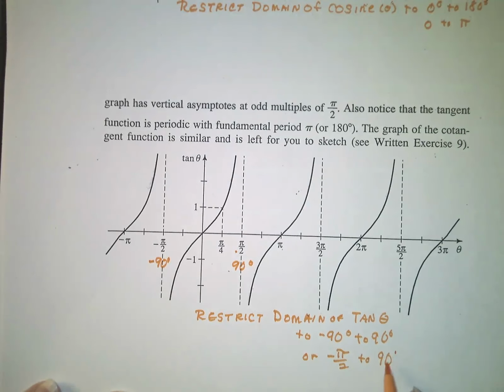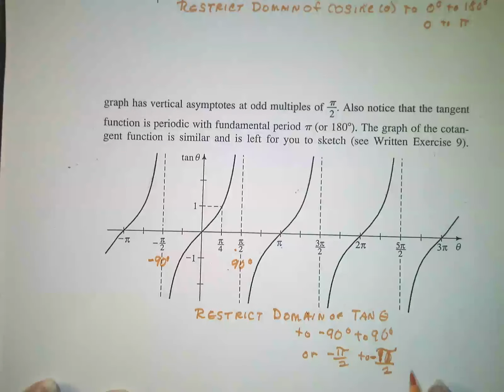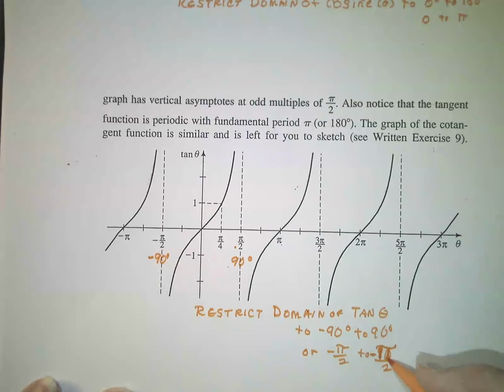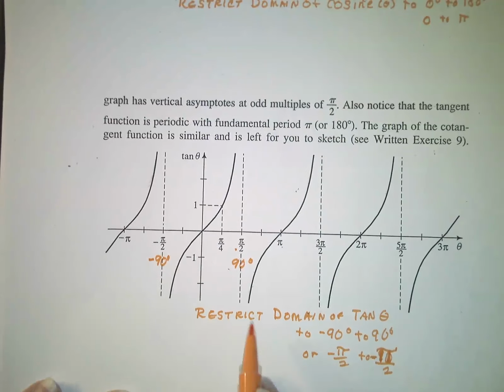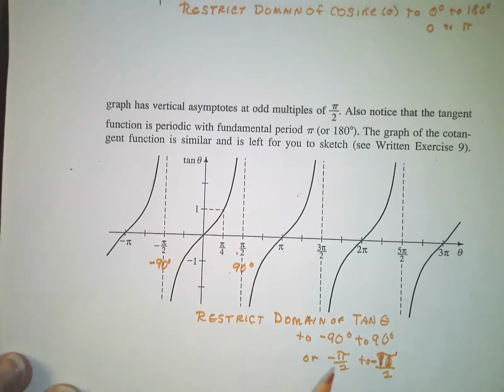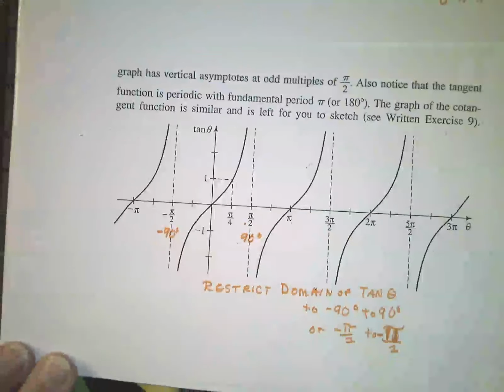So this ends up being the same as, whoops, got going. Sorry about the mess. It's supposed to be negative pi over 2 to positive pi over 2. Either way, it's the same as it was for the inverse sine.